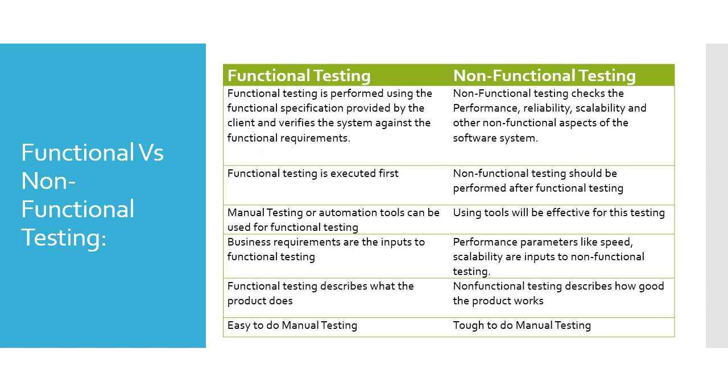Then, functional testing is executed first, while non-functional testing should be performed after functional testing. Then manual testing or automation tools can be used for functional testing, while in non-functional testing, using tools will be effective for this testing.